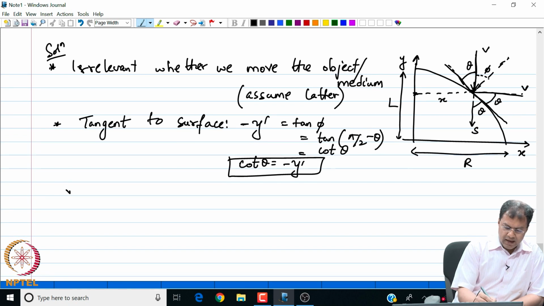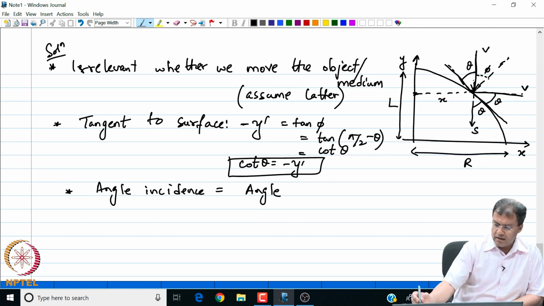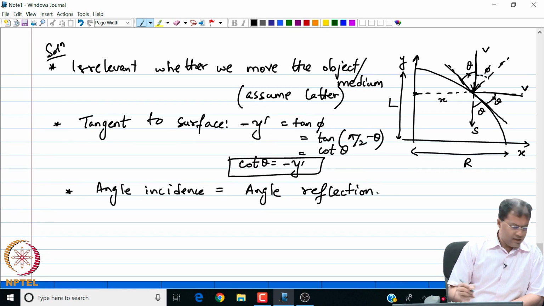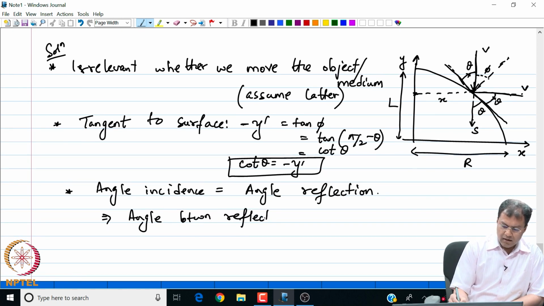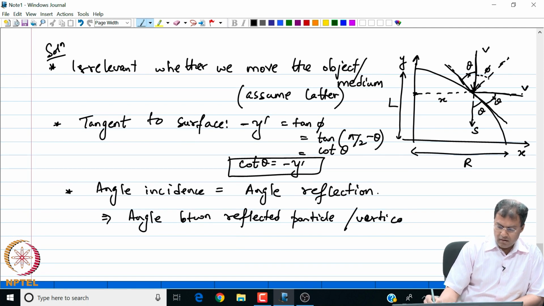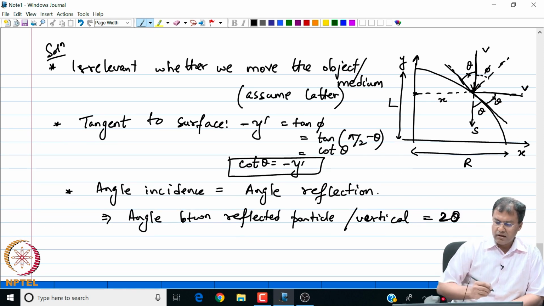And then, since my angle of incidence is equal to the angle of reflection, that is, this theta is equal to this theta, and this is because of the perfectly elastic collision, this implies that the angle between the reflected particle and the vertical is 2 theta.